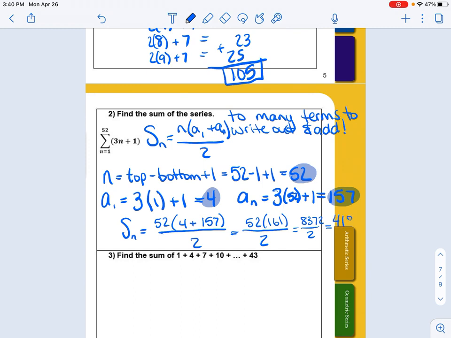So we get that our solution is 4,186. We know the first term is 4, and we know the last term is 157. We didn't have to figure out the other 50 terms in this sequence. We just used the equation and it added them up for us. All right?